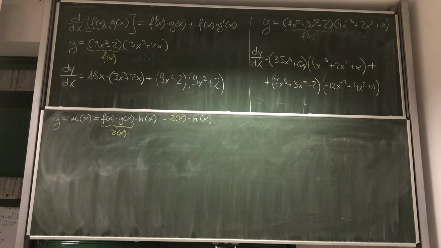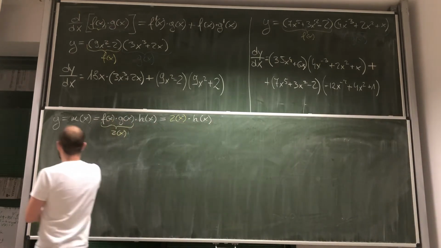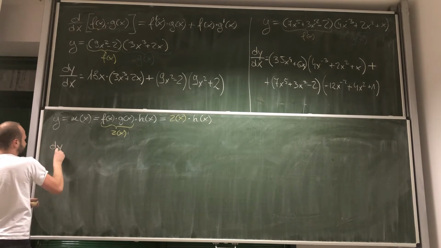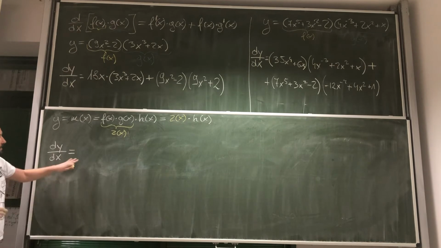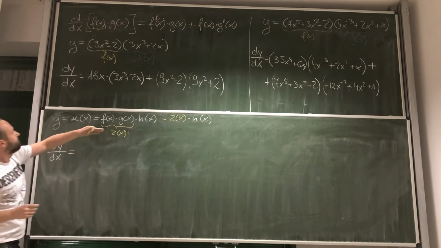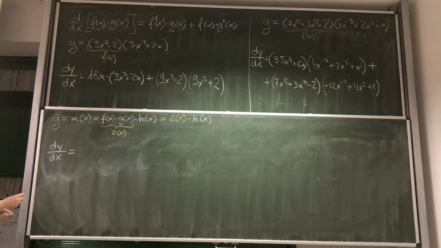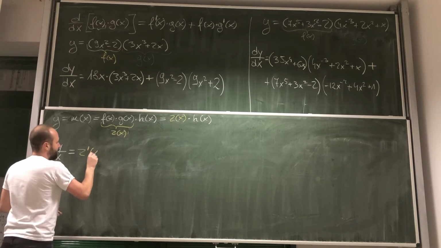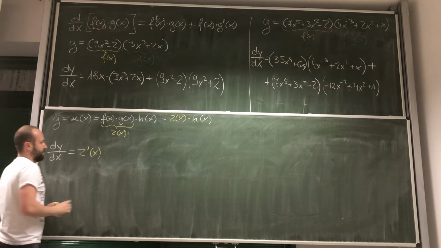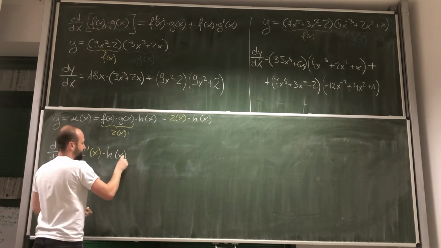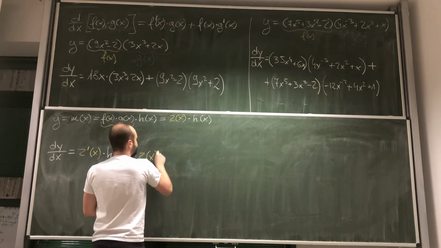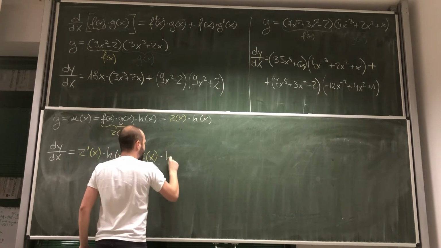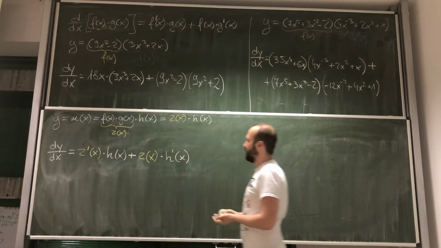To find the derivative, all I need to do is use the product rule. This is going to be z prime of x times h of x plus z of x times h prime of x.